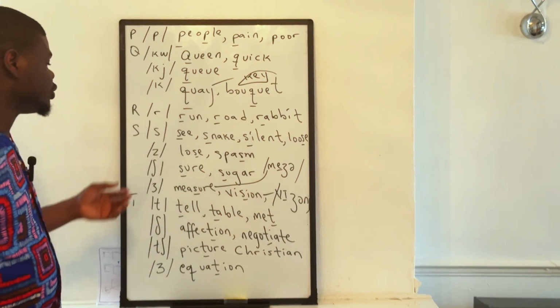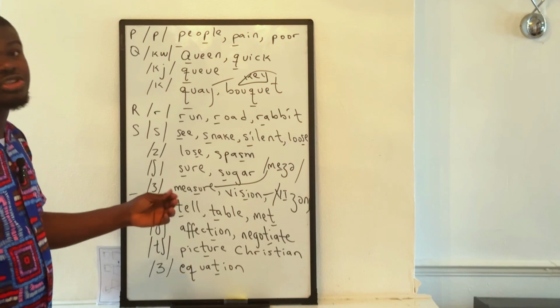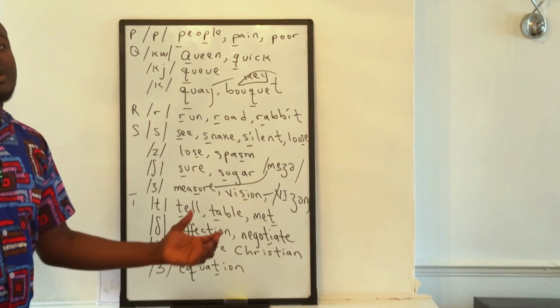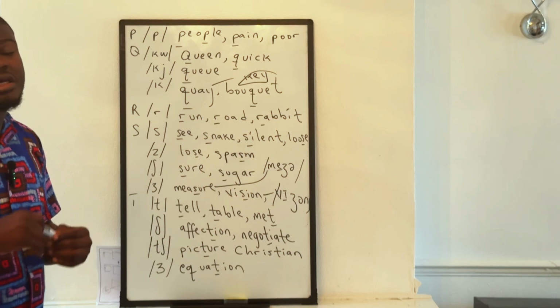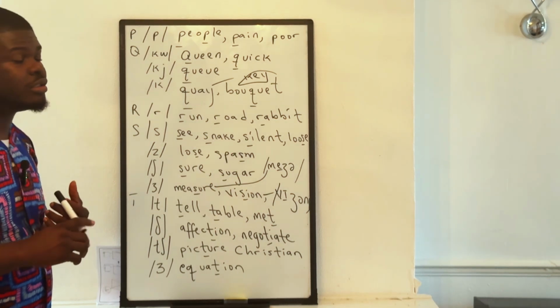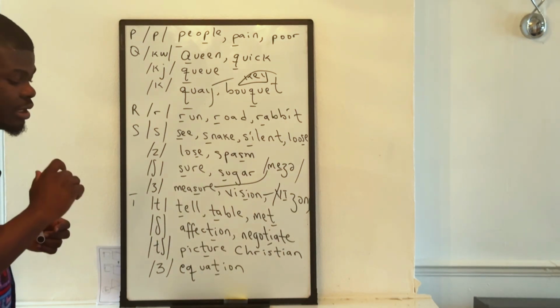So picture, Christian, then equation is the only exception to letter T. Letter T gives us the j sound in the word equation. Take note of that. So that's letters P, Q, R, S, and T.